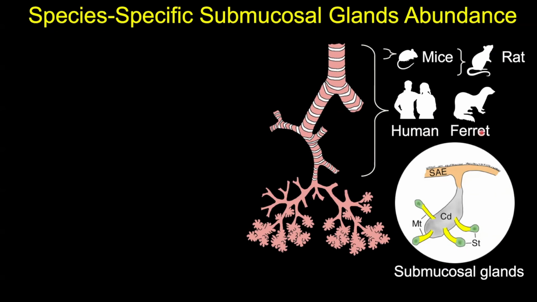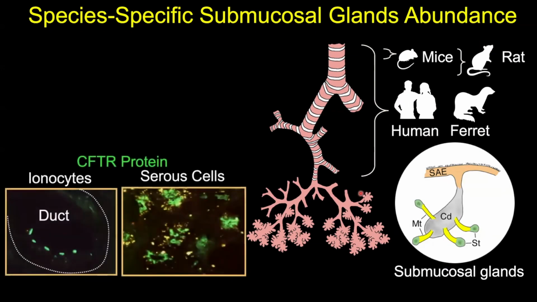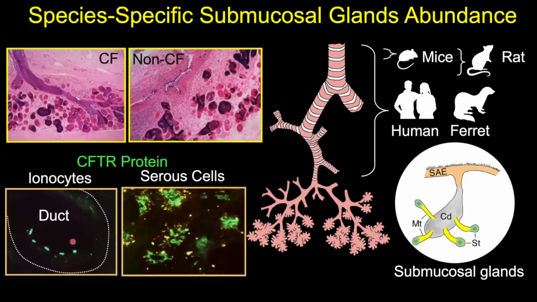In humans and ferrets, as well as in pigs and sheep, they're found throughout all the cartilaginous airways. These structures are important for innate immunity. They express abundant CFTR in serous cells, as well as ionocytes, and get pathology in cystic fibrosis, as shown here in these human lung sections.